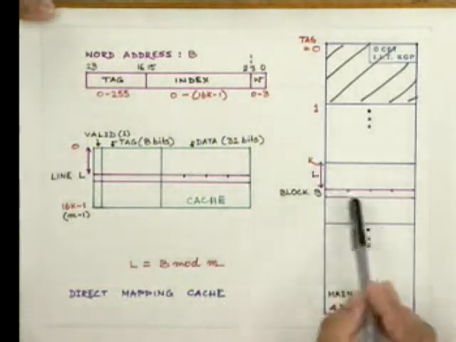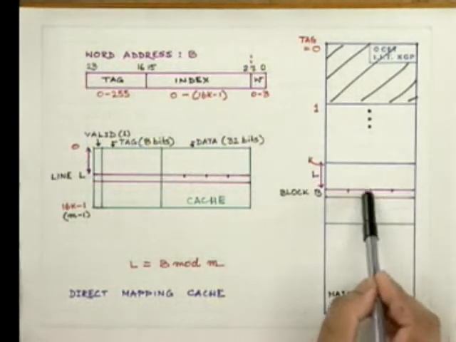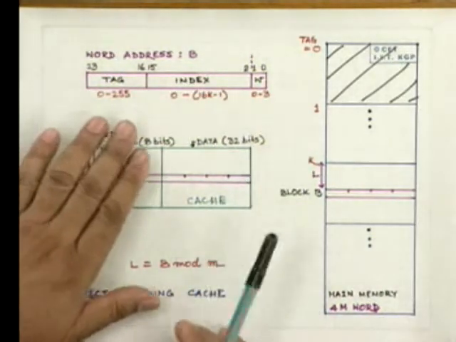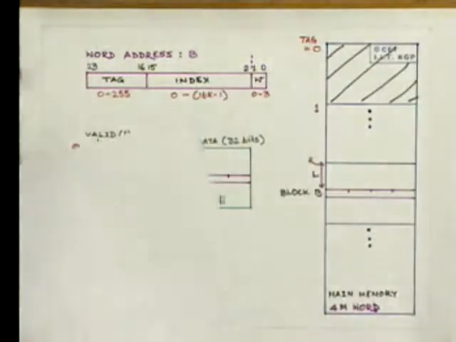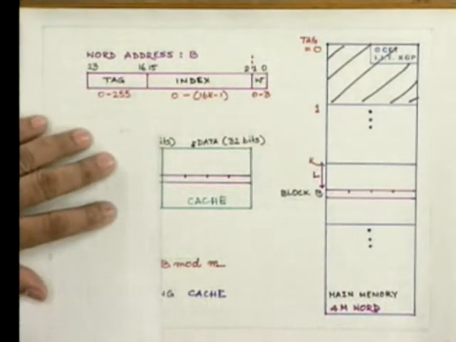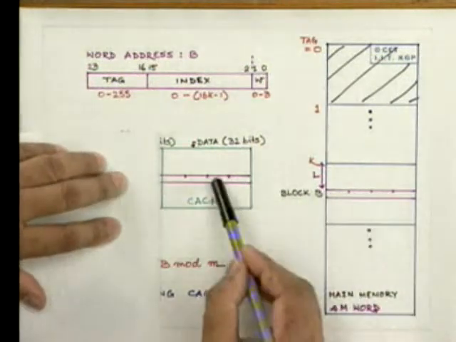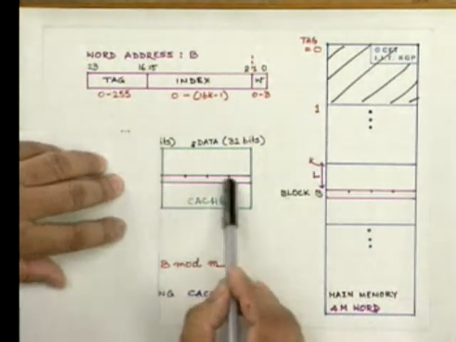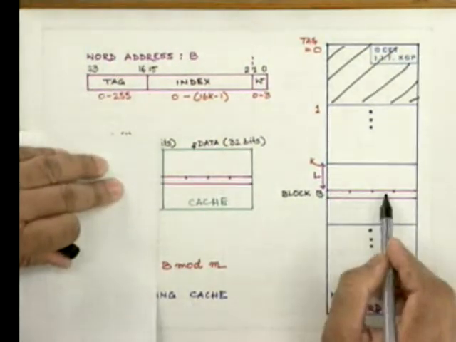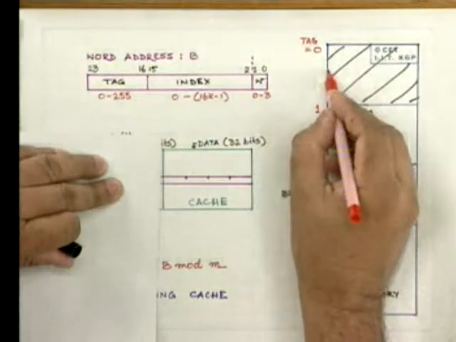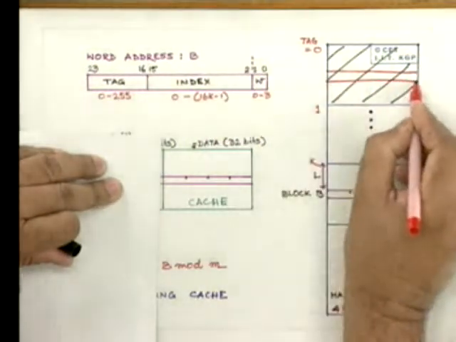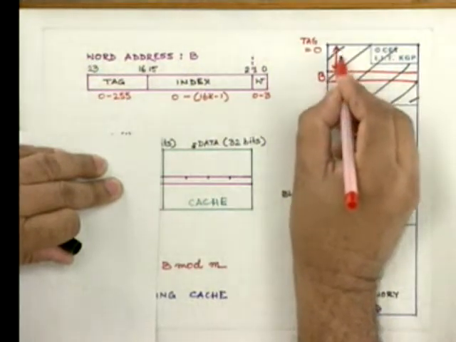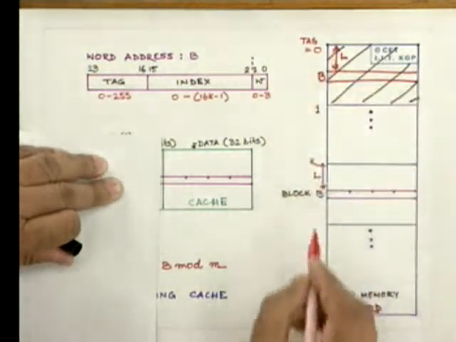First thing is that, say if this block's content has been transferred in this cache here, now you see, if we just leave aside this portion, if this block's content is here, then there's no way of knowing that this content is of this particular block, or say this particular block, which is also at an offset L from the beginning of the 0th block.